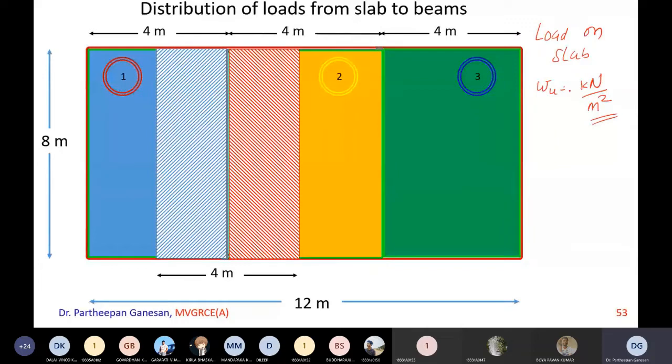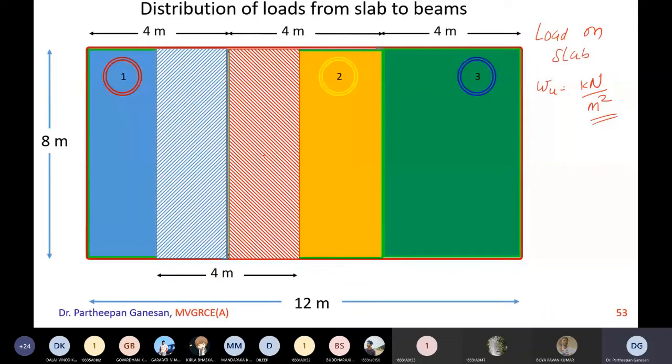Now, how will this load be transferred to the beam? Remember, when you say a slab, the slab alone doesn't exist, because obviously you are designing a structure for people to occupy so that it can be put into use. So any floor or roof is not left unfinished.